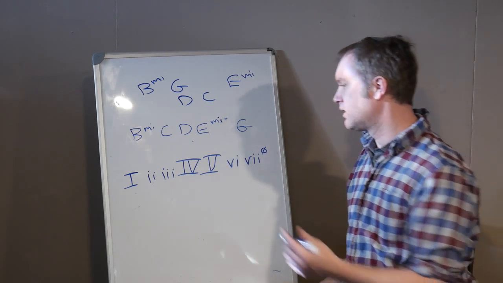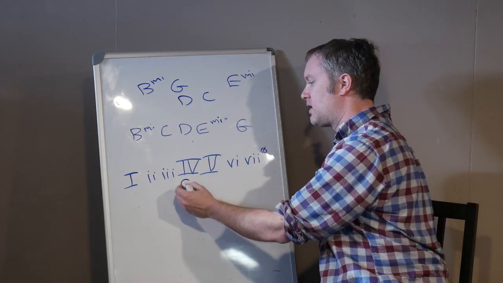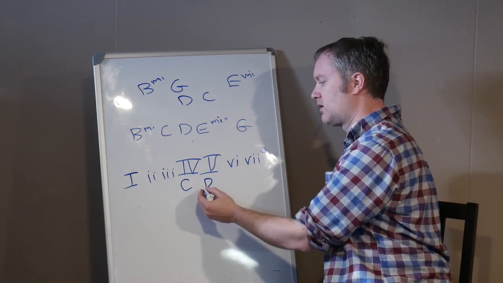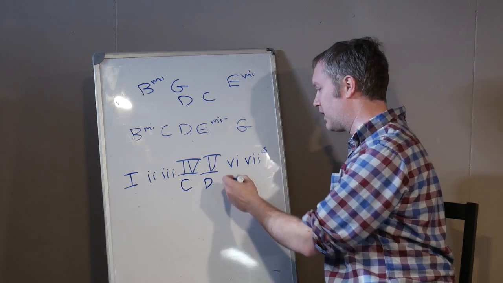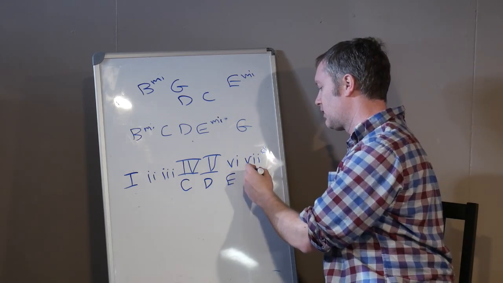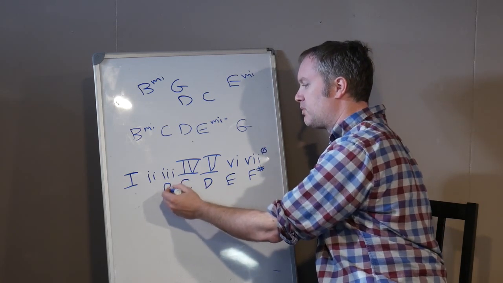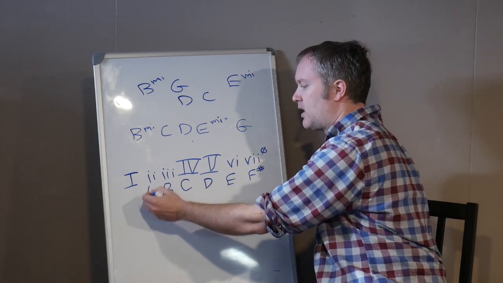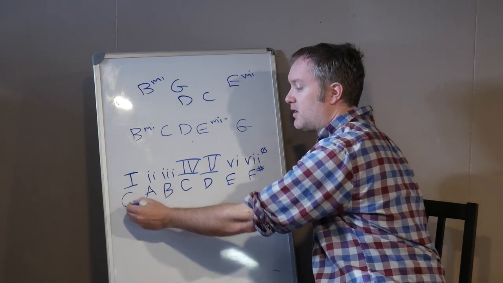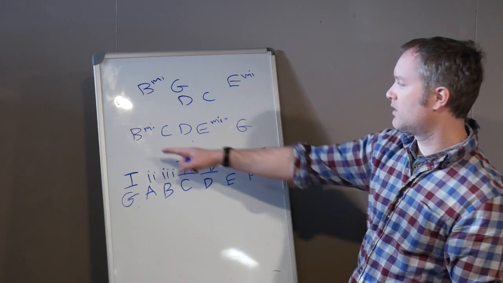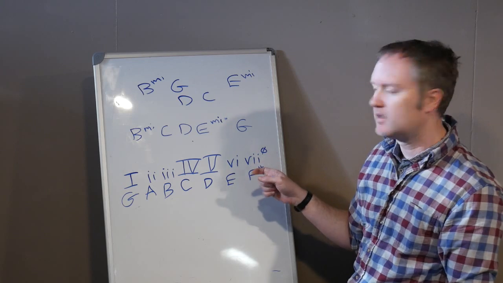And so all we have to do is write C here and D here, and then fill in the rest of the alphabet. E, F sharp. And then going backwards, B, A, G. This song is in the key of G major.